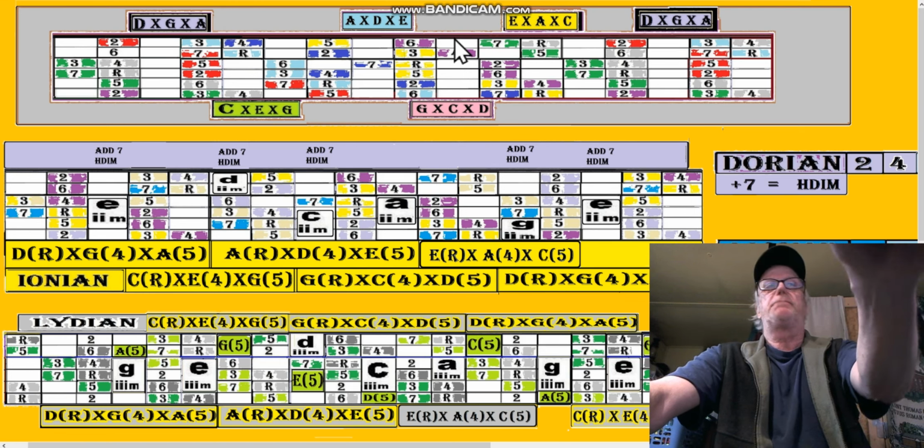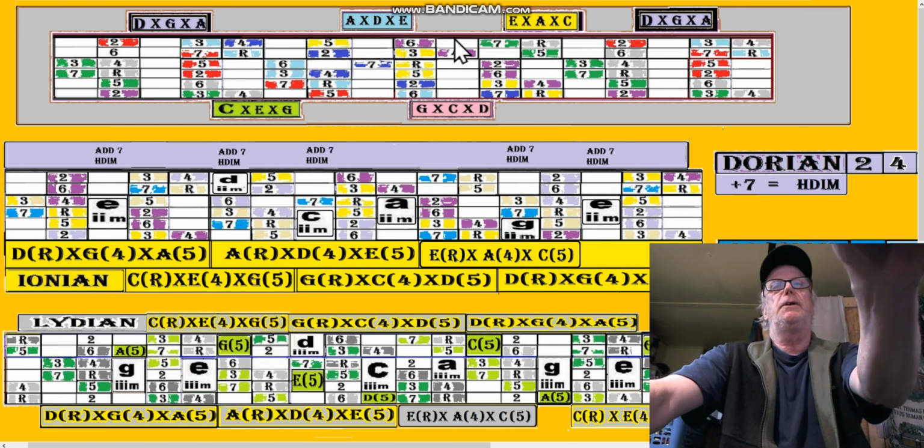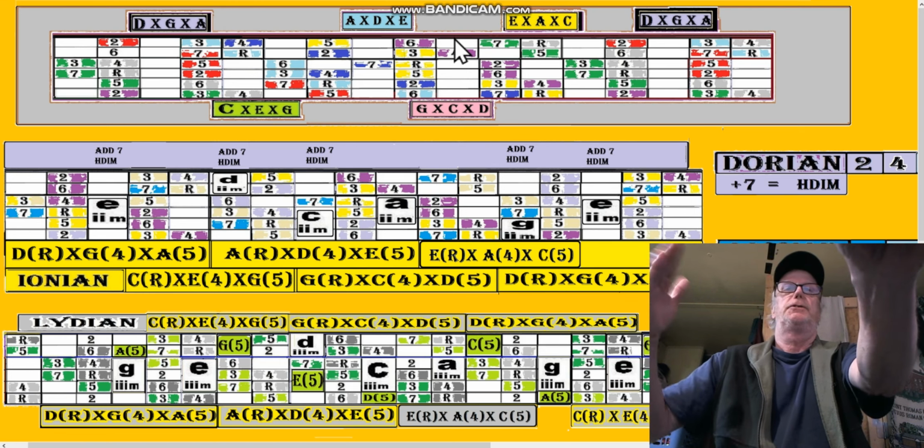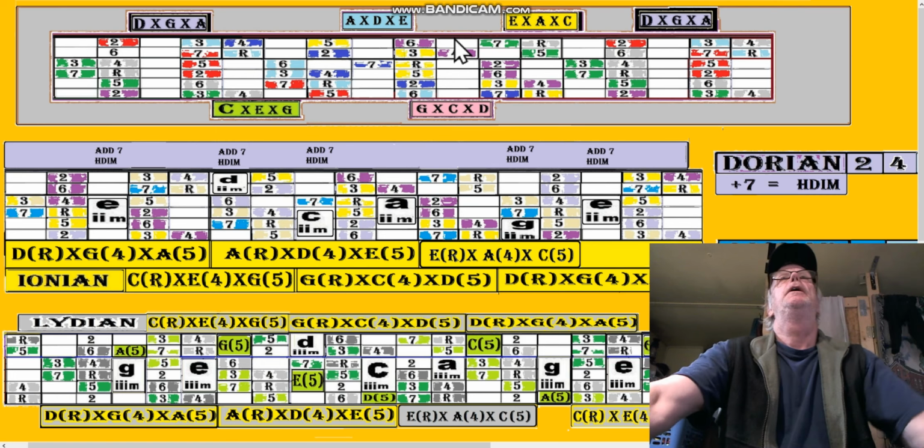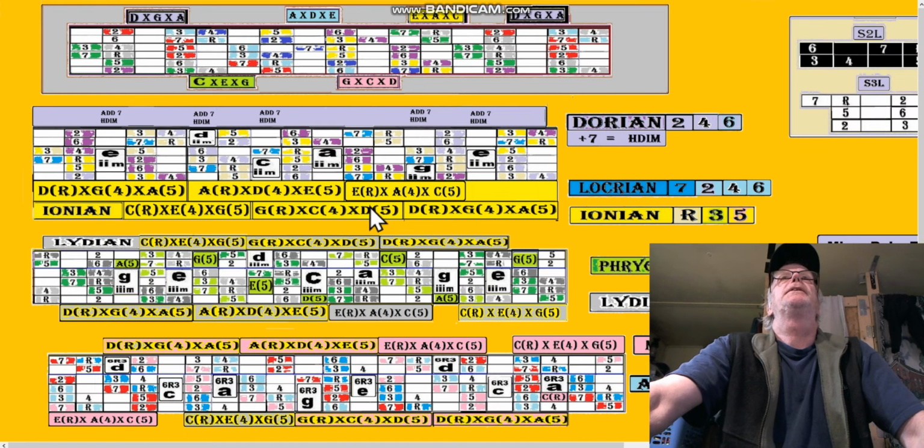That seventh doesn't seem to add much strength to it. Anyway, that's what's going to be on the bottom here, so we'll get to that hopefully.